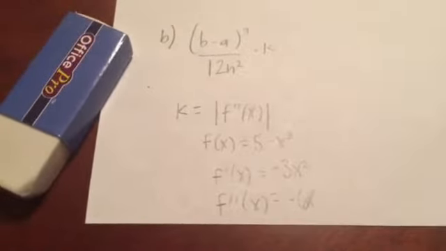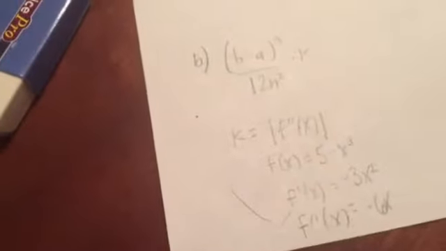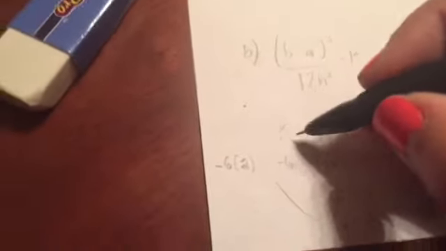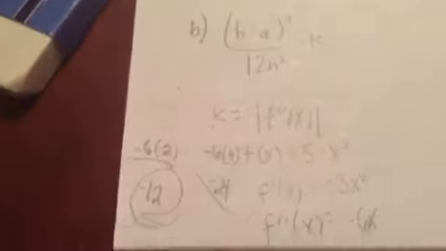Our two endpoints are 2 and 4. So negative 6 times 2 and negative 6 times 4. So we're going to get negative 12 and negative 24. This is going to be our max, but it's going to be the absolute value, so plug that back in. It's just going to be 12.